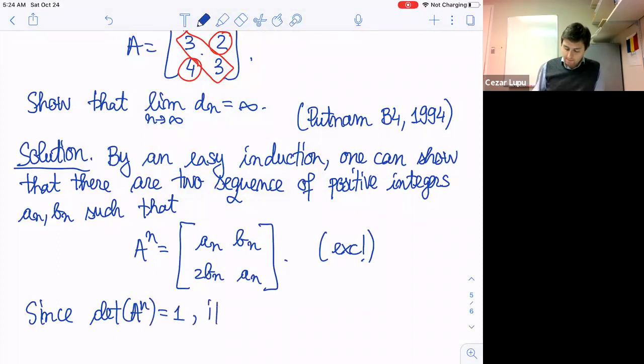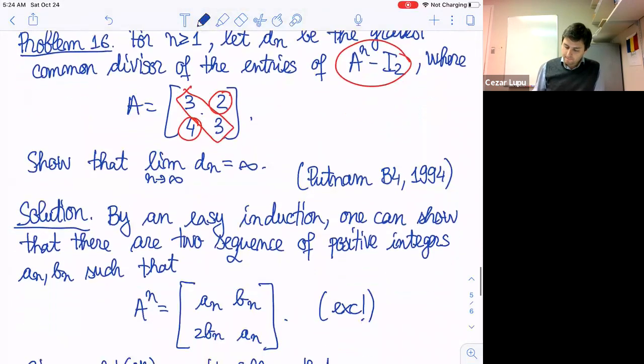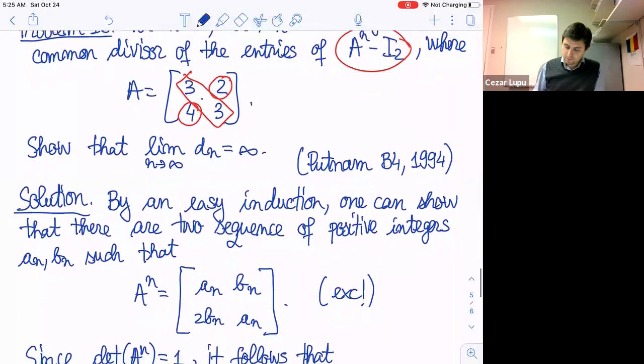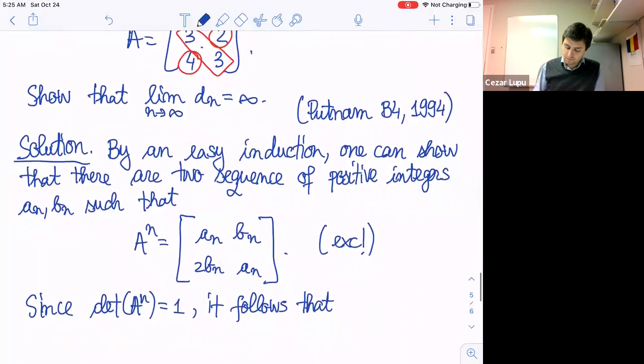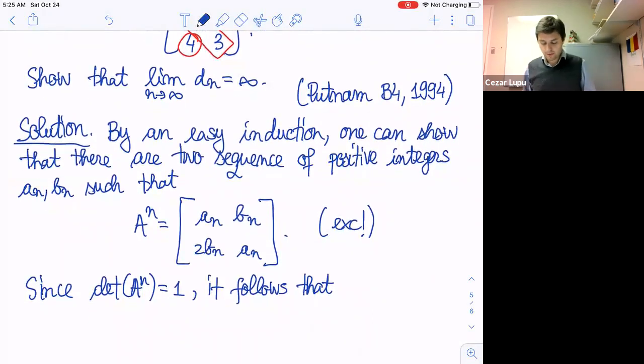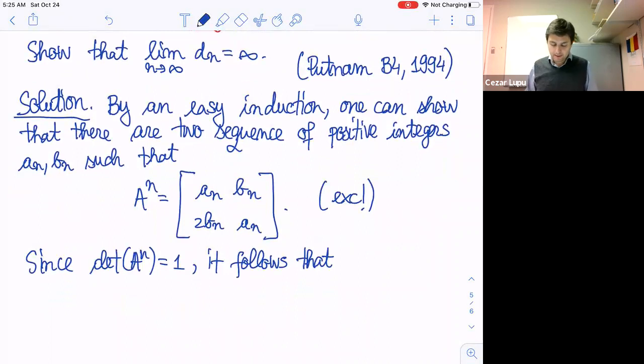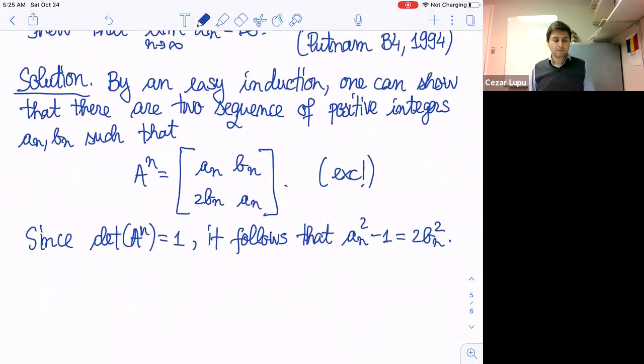It follows that a_n squared minus 1 is 2 b_n squared, right? So we have this.